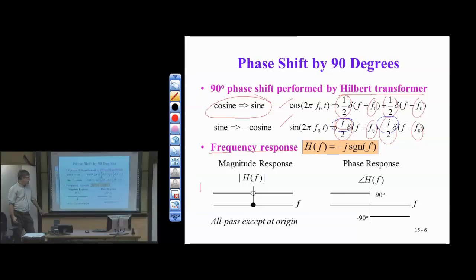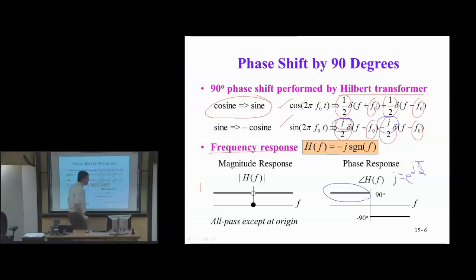Right? So for the frequency response we'd like to have, for negative frequencies, multiplying by j is the same as 90 degrees, right? So j can be written as e to the j pi over 2, right? So that's a 90 degrees phase shift. So that's this one, pi over 2 phase shift.